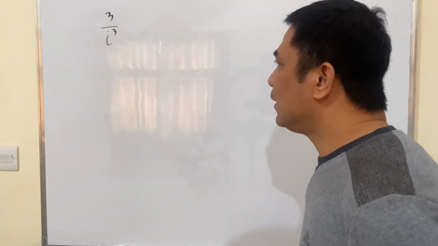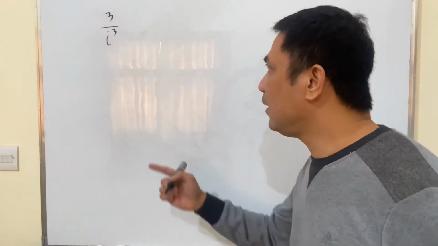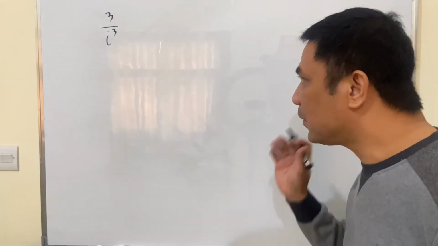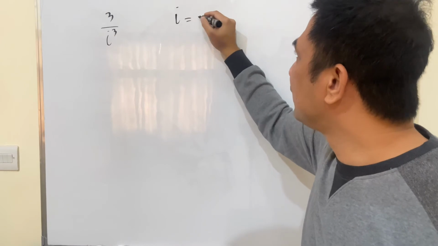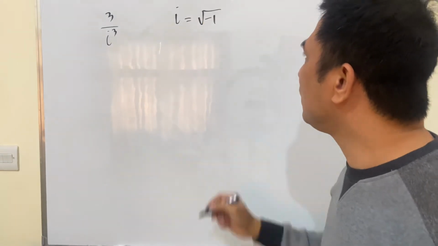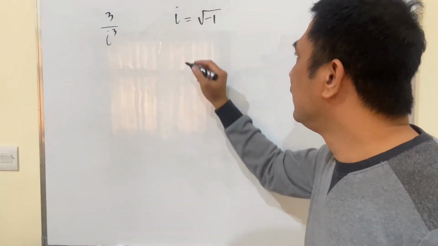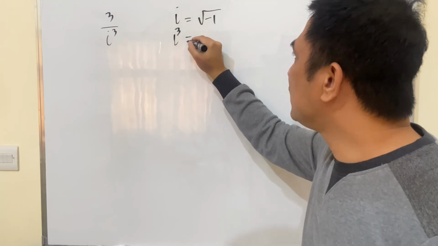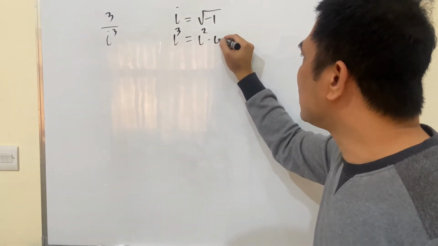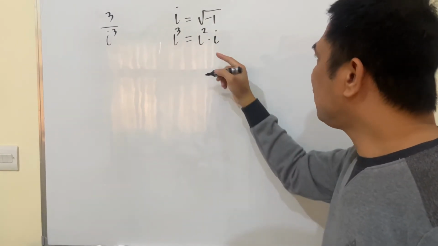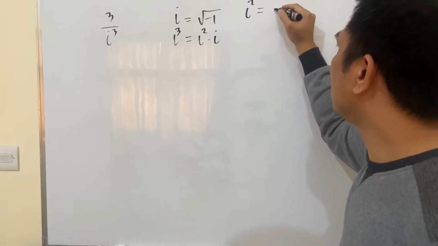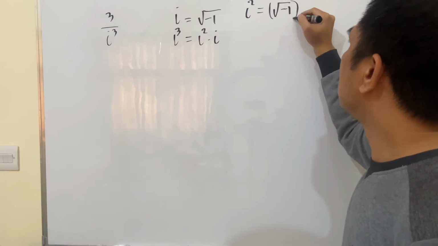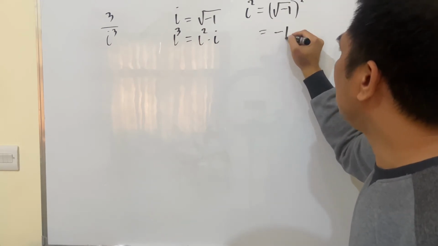Again, the purpose of rationalization is to get rid of the radical sign in the denominator. So actually, i, as we mentioned before, is equal to the square root of negative 1. So that means i cubed is equal to i squared times i, right? Therefore, we learned a while ago that i squared is equal to the square root of negative 1 squared, which is equal to negative 1.